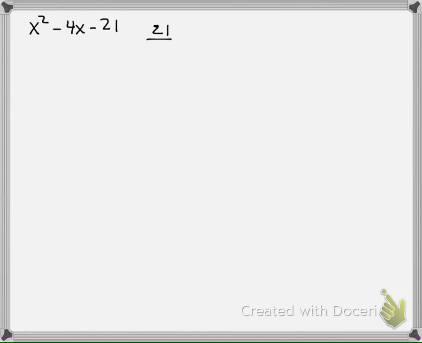I'm going to start writing the factors of 21, starting with the number 1. So 1 and 21, 2 and nothing, 3 and 7, 4 and nothing, 5 and nothing, 6 and nothing, and we're back to 7.